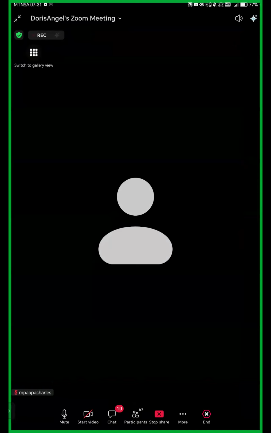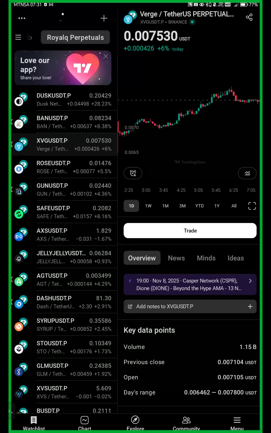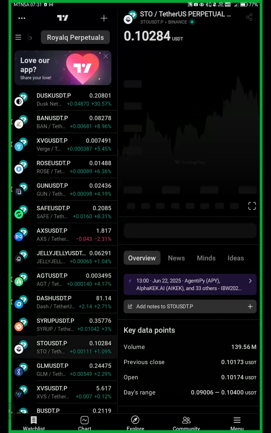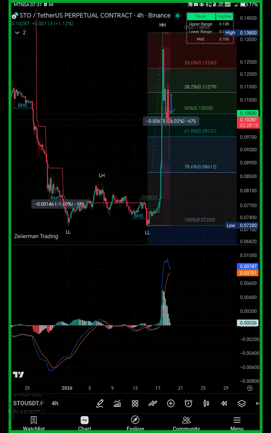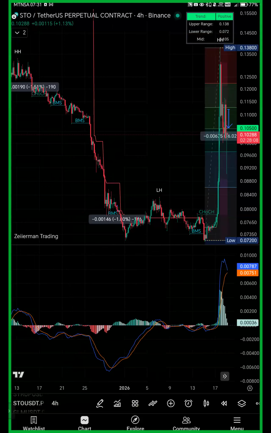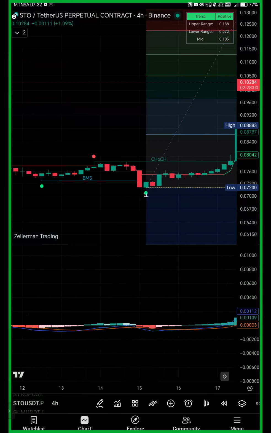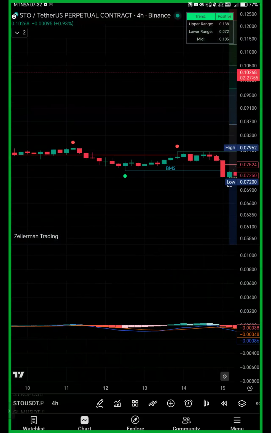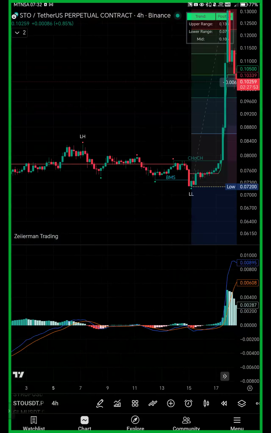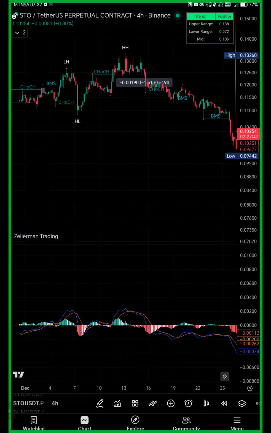I wanted to go to TradingView. Can I see a shooting star here that I can use to explain? I'm not seeing one here. Shooting star, where are you? All right, let me check others.